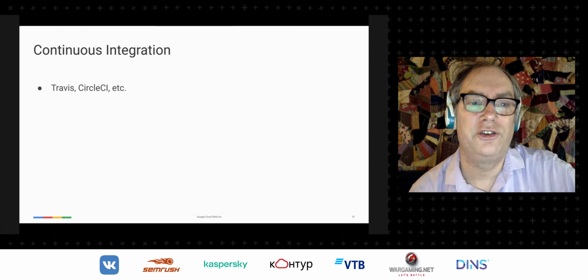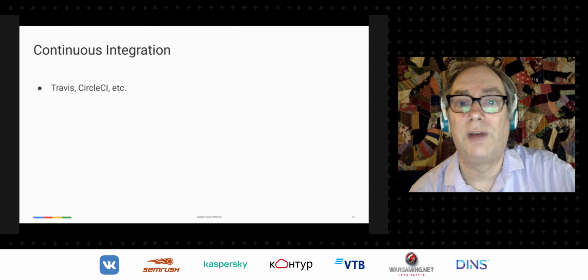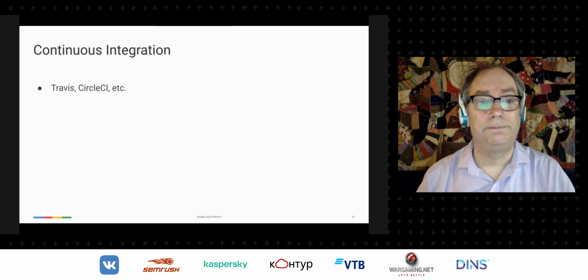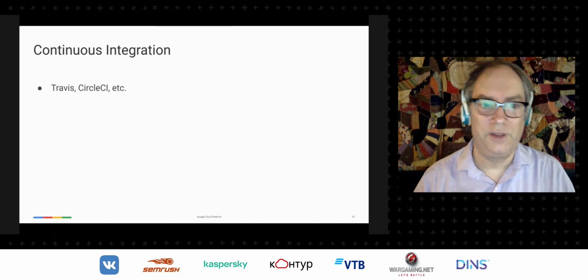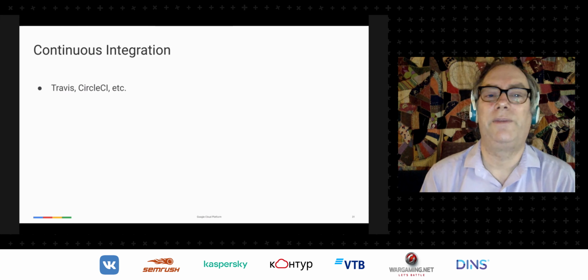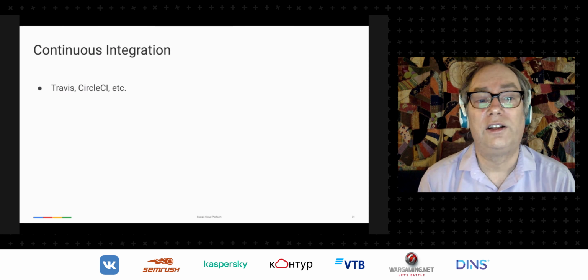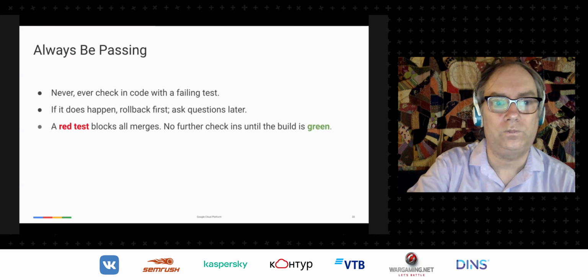The Apache project uses it for a lot of their projects. There are commercial options, including Travis, which I use on Cloud Tools for Eclipse and some other repositories I work with. Circle CI is another. Many, many good products out there. Pick one, use it, please. I think a lot of people are now using GitHub Actions to do this sort of thing. That's a relatively recent development.